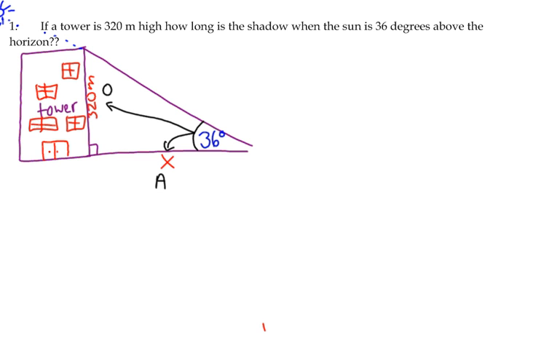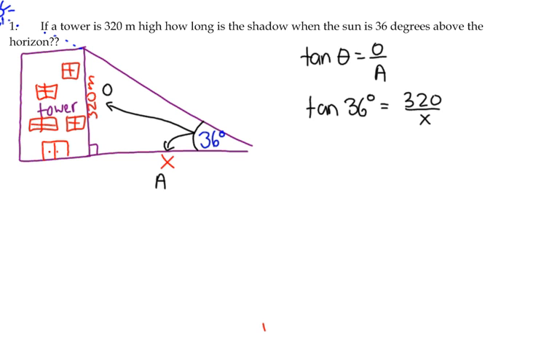Tan. Okay, let's fill it in. Tan of 36 equals 320 over x. Now what's my first step?